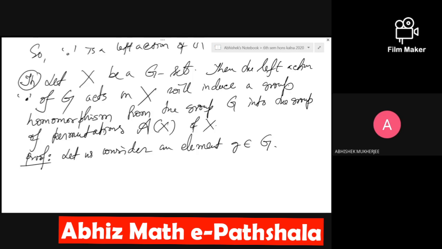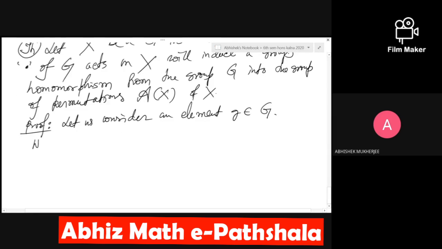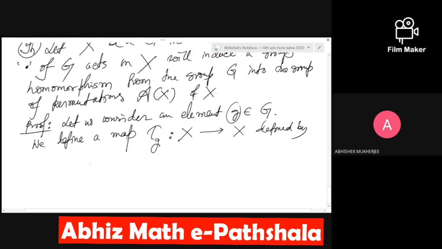Now we define a map which is indexed by this element g, that is tau g. The map will be defined on the domain X into X. That is, tau g will be a map from X to X defined by tau g at x.